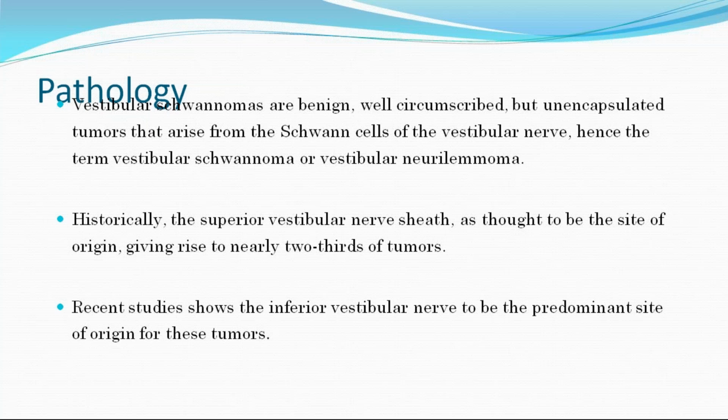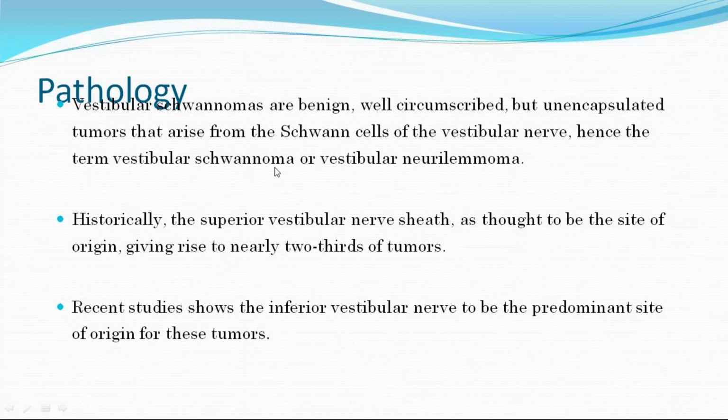It can also arise from the facial nerve, and it can also arise from the cochlear nerve. So it is not hard and fast that it will arise from the vestibular nerve; that's why the term acoustic neuroma is used.